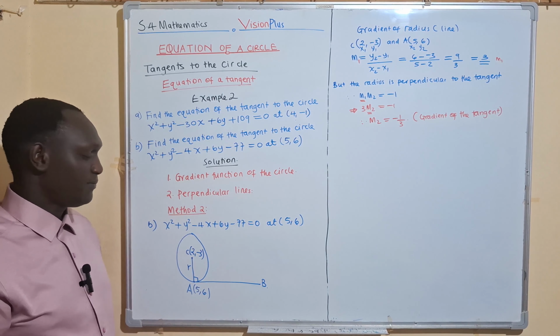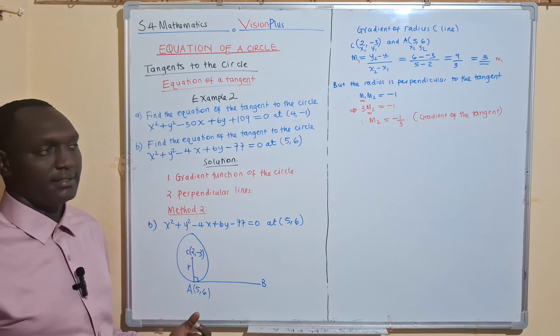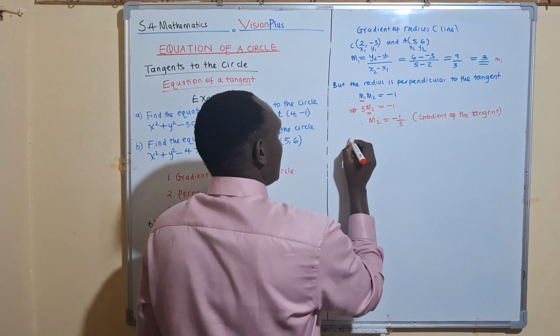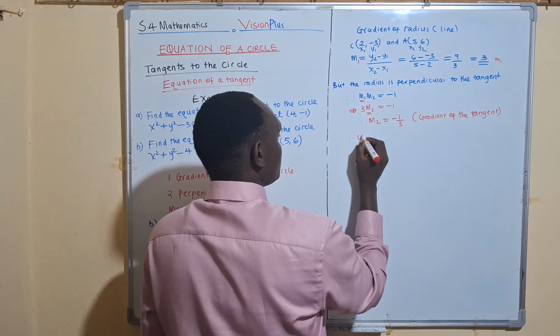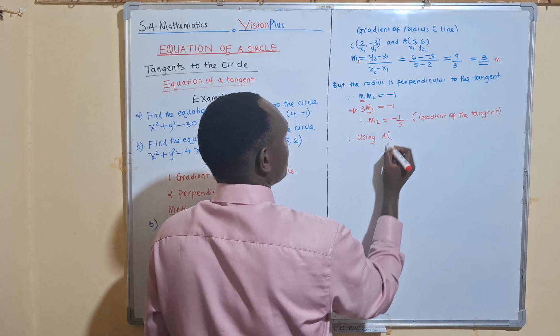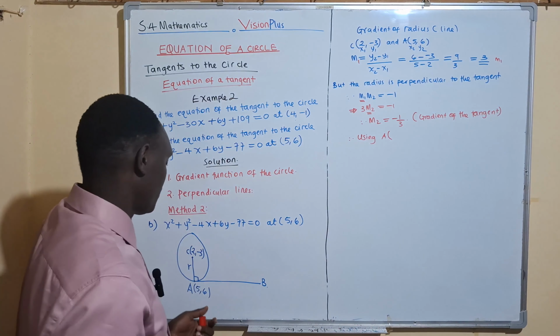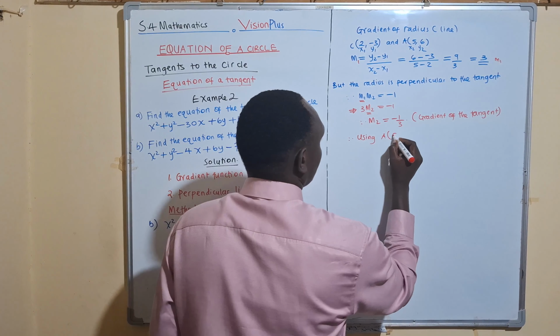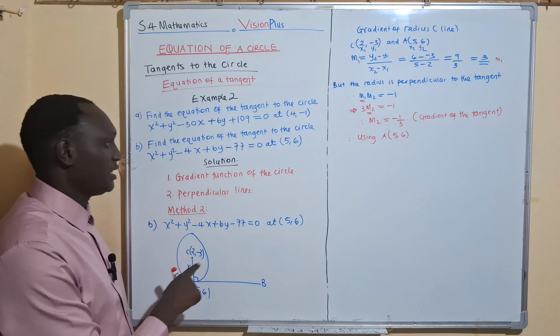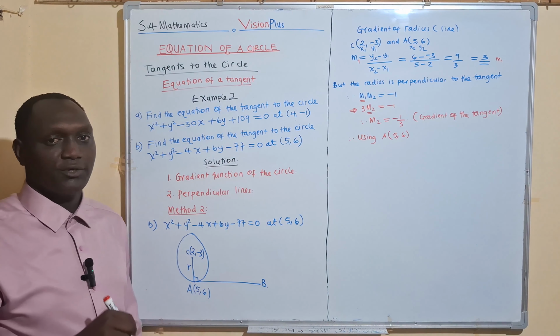Because the tangent is a line. Therefore, using point A, which is 5, 6, you cannot use point C when you are finding the equation of the tangent.